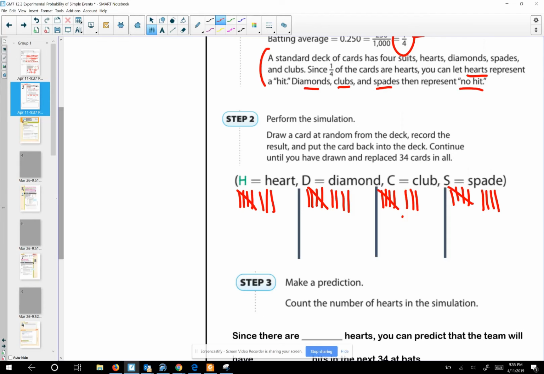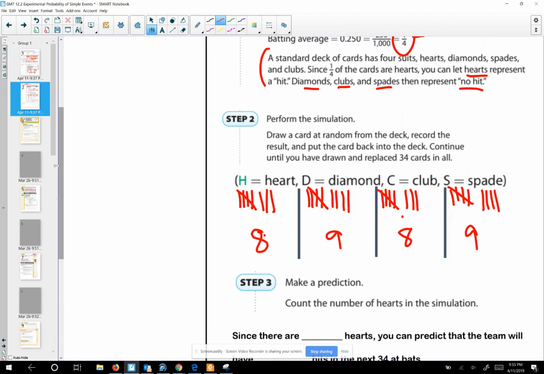And 8 is 26, and an 8 is 34, I think. Let me double check. 5, 10, 15, 20, 25, 30, 31, 32, 33, 34. Bingo. Here's what we've got. So let's write these down. 8, 9, 8, 9. That turned out to be pretty well balanced.